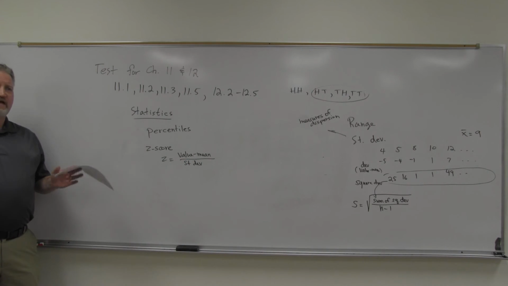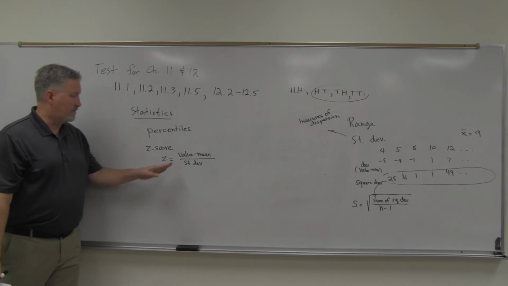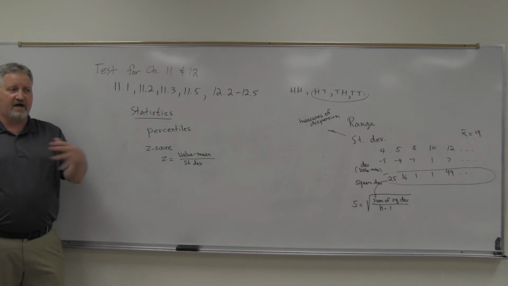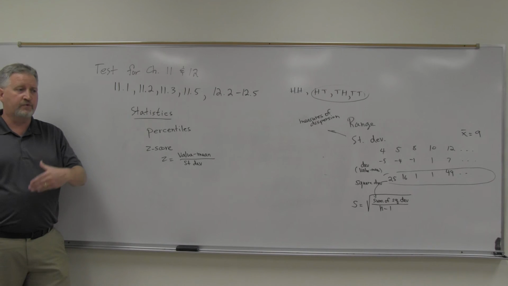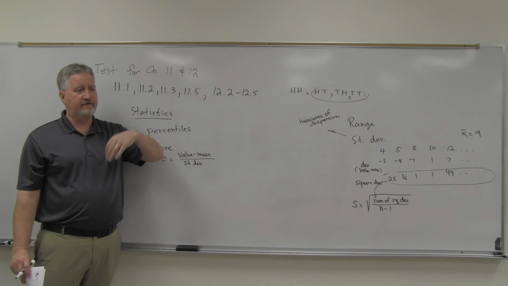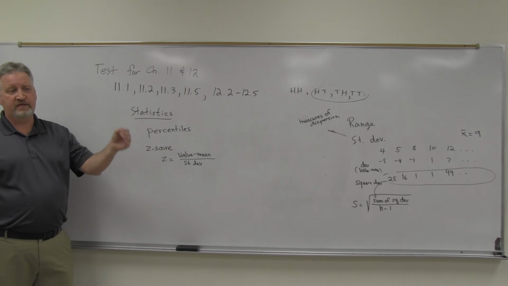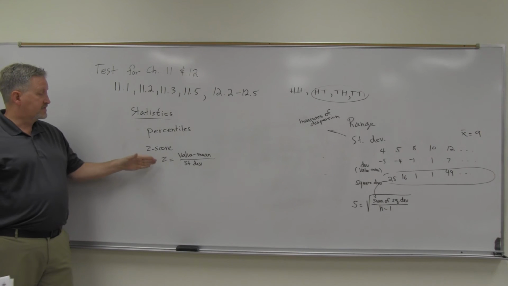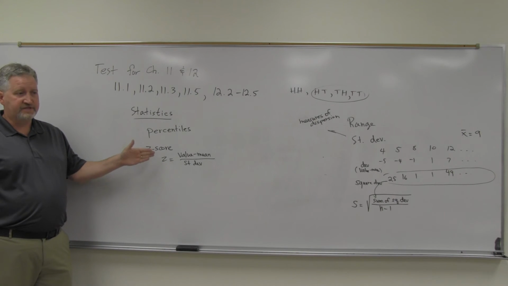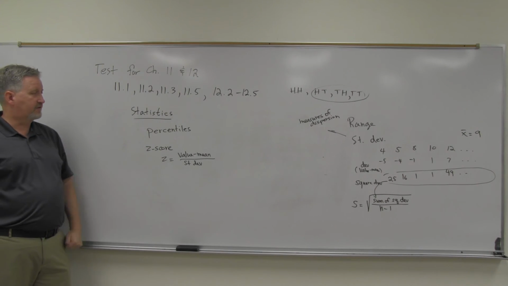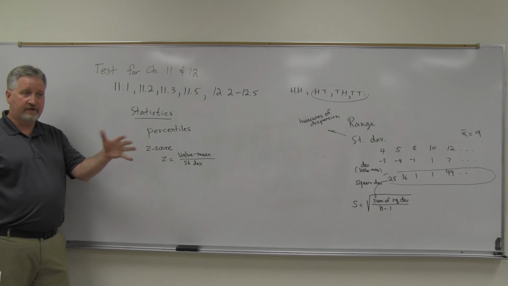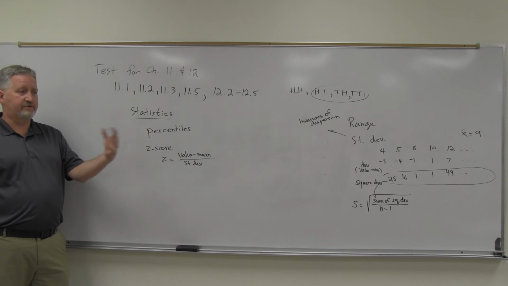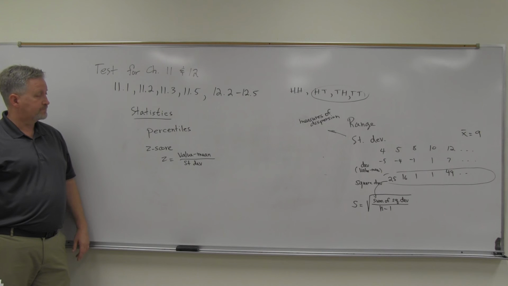The way we used it, that standardizes position between different distributions. If you've got a different distribution with a different mean and different standard deviation, this gives you the position relative to other values in it. So you can compare scores from one distribution to another distribution.